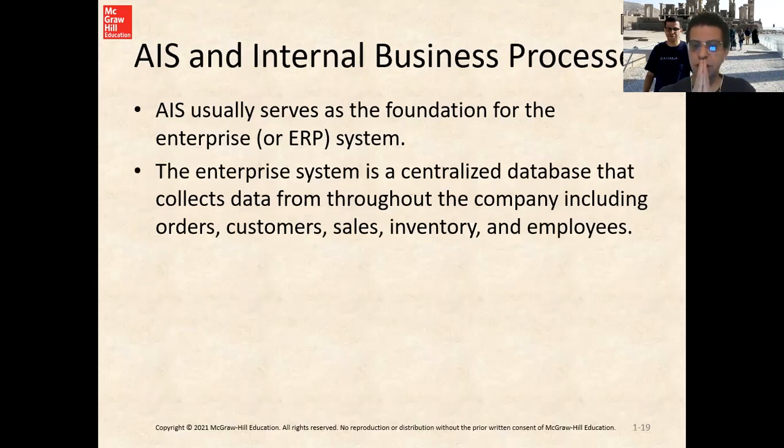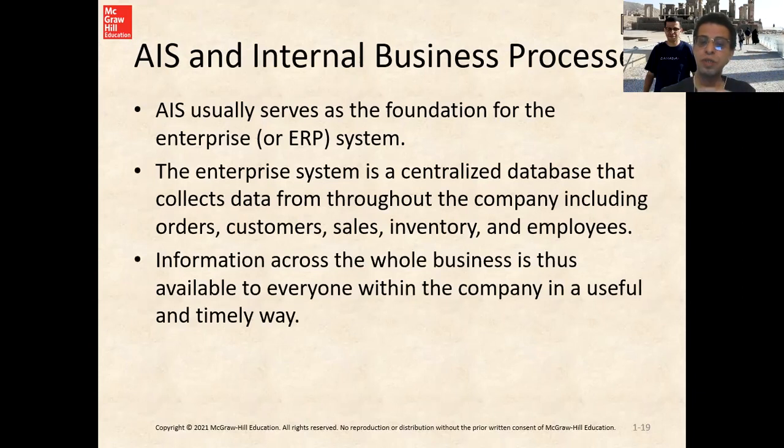The enterprise system is a centralized database that collects data from throughout the company, including orders, customers, sales, inventory, employees, and warehousing. It collects this data and information across the whole business and makes it available to everyone within the company in a useful and timely way.